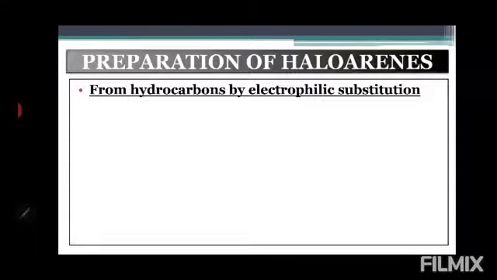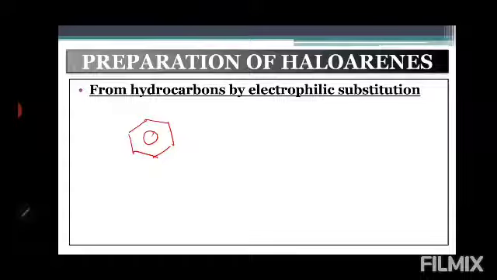Now next, we have just done preparation of haloalkanes. Now next is preparation of haloarenes. Haloarenes are prepared from hydrocarbon again by electrophilic substitution reaction, where the electrophile will attack your benzene ring. So this is your benzene.